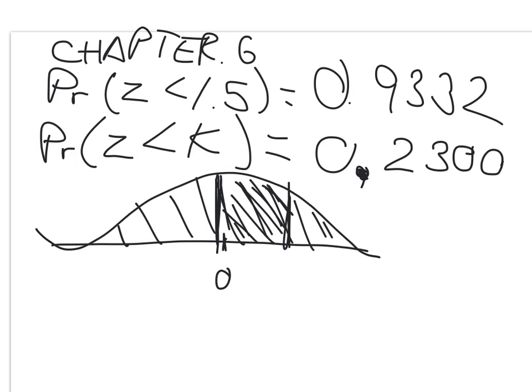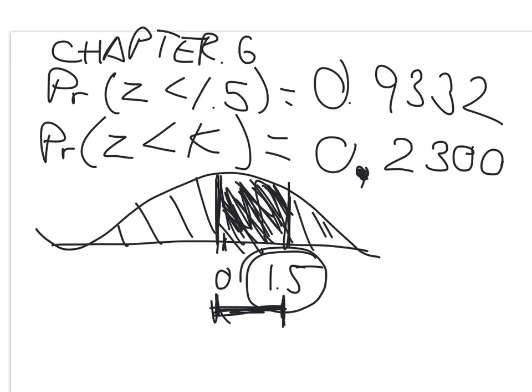So the values on the z, those are your horizontals right here. And then the values here, the probabilities, are actually the area. So what we're doing in this case, we're given the area and we're backing out that value right here.